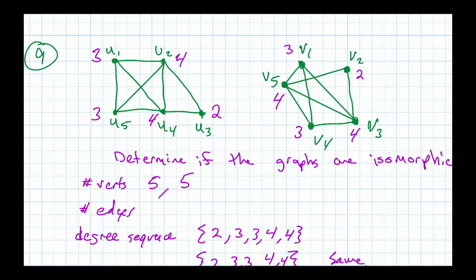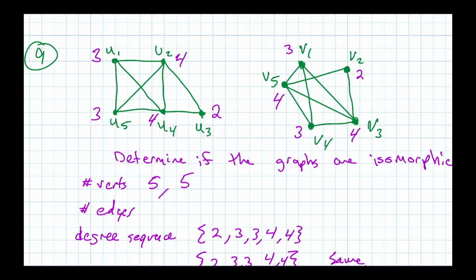Then you say, well, is that going to be the same over here? There are 2 of them here, but before we do that, let's look at this other degree 4 vertex. This degree 4 is adjacent to a degree 2, a degree 4, a degree 3, a degree 3. Now over here, if you compare that, this degree 4 is adjacent to 3, 2, 4, 3. That seems the same.